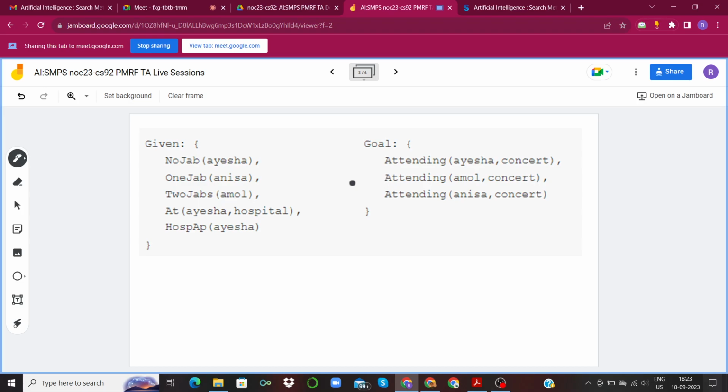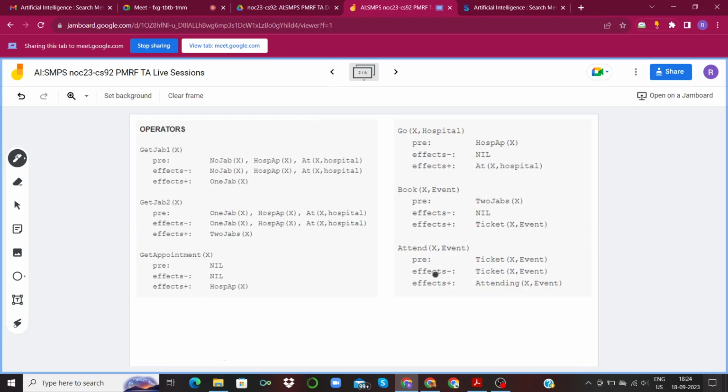Let's consider Amol first. In order for us to achieve this particular predicate, attending Amol, concert, let's look at which operator could give us this predicate.